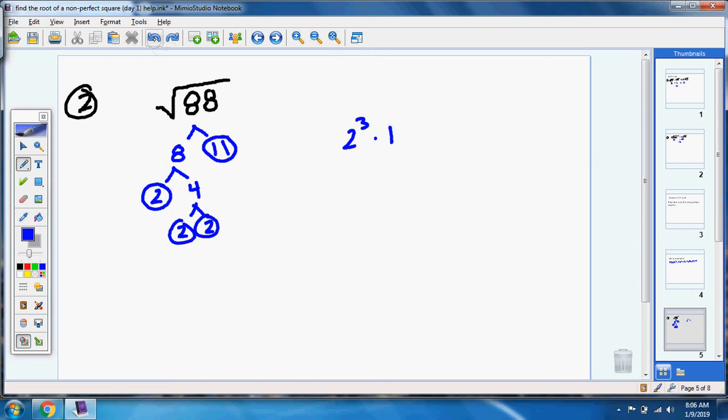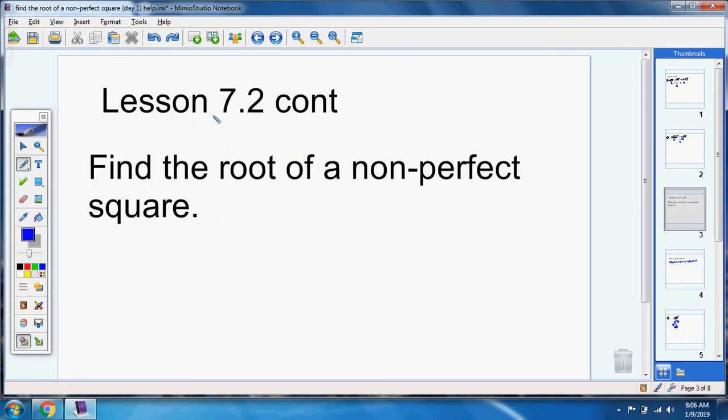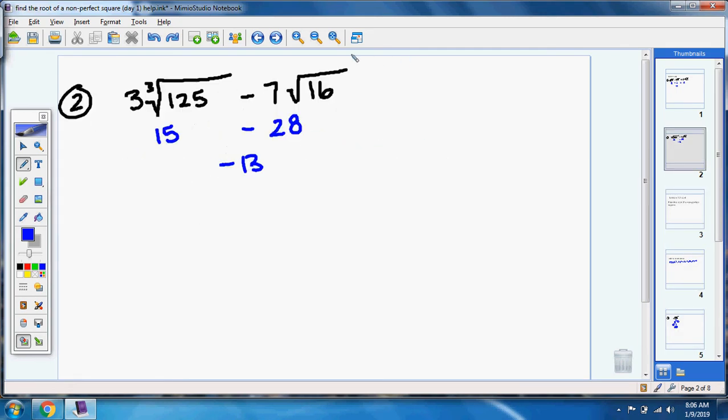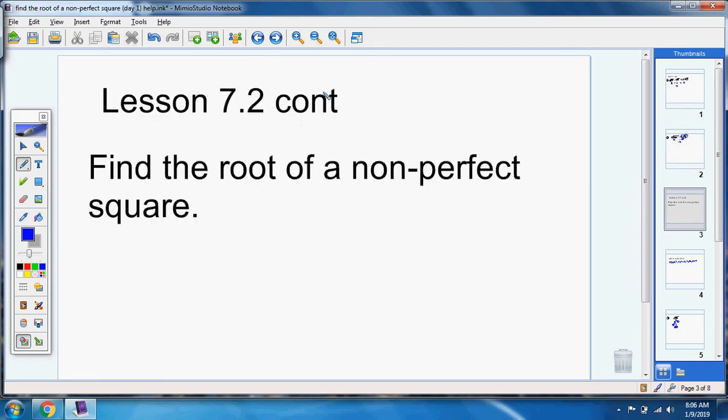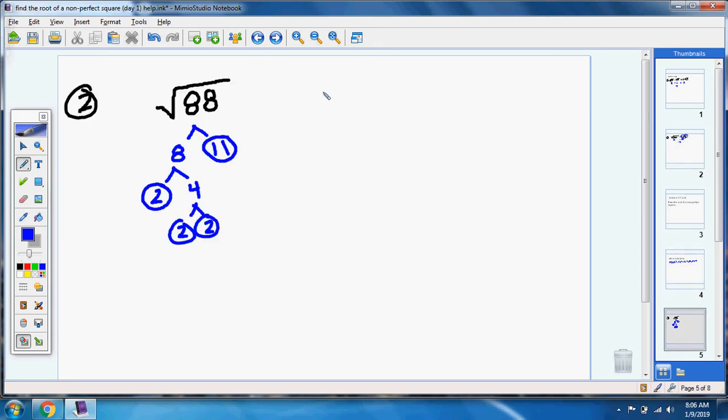What I'm asking you to do, again, is to simplify the square root of 88, which means we're probably going to have a portion that's going to look something like this, where you're going to have a number in the front and then a number inside. The number inside of the root symbol, you won't know what that square root is. So that's simplifying it. So what we want to do is look for our pairs, our matches.